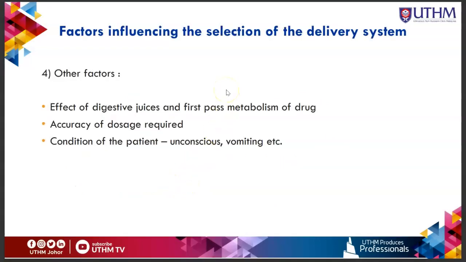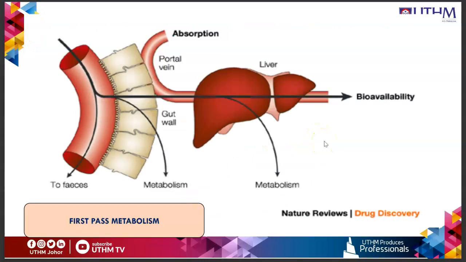And the fourth, or other factors, we also have to consider the effect of digestive juices and first pass metabolism of drug, accuracy of dosage required, and the condition of the patient, whether the patient is unconscious, conscious, vomiting or not.